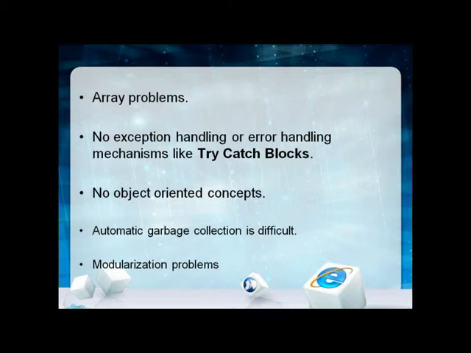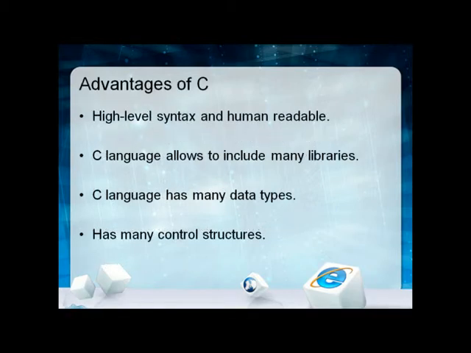Up to now, we looked at some limitations of C. Now let's look at the advantages of C. C provides good syntax structures, keywords, reserved words, and high-level syntax. It makes the language more readable for humans and also helps implement more complex programs.